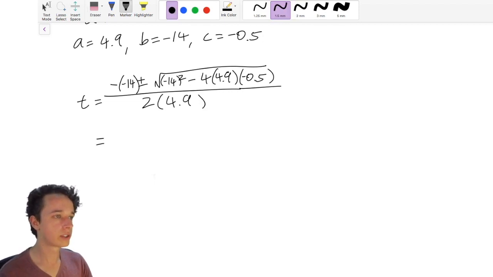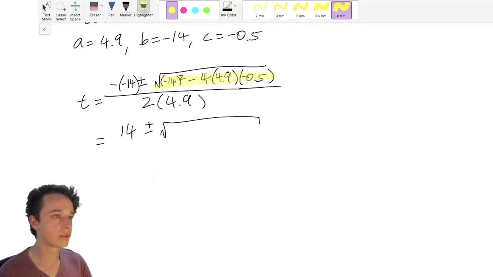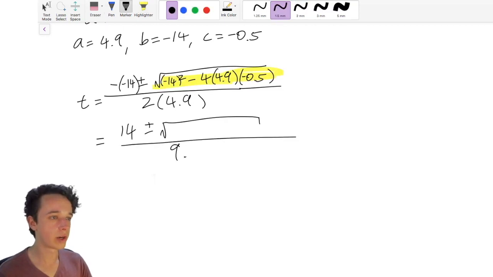We can write this a little more simply as 14, because negative times a negative is a positive, so 14 plus or minus the square root of this ugly thing here, which I'll come back to in a second, all divided by 2 times 4.9, which is 9.8.